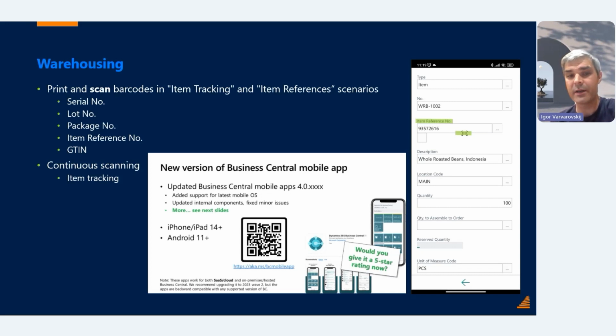This is the first part of the improvement. So you navigate wherever you need, press the scan button, and have your barcode scanned by your mobile, which can be a tablet or phone.